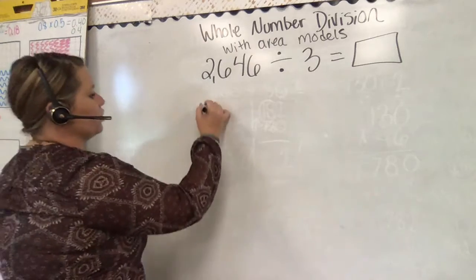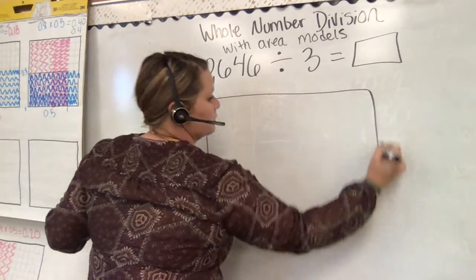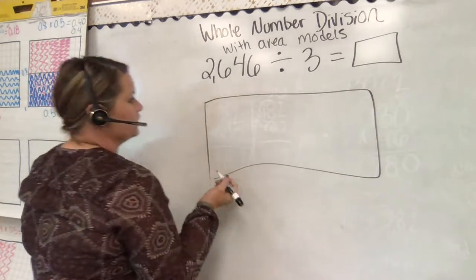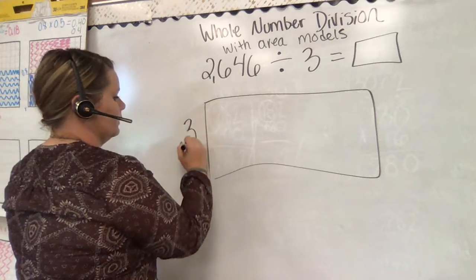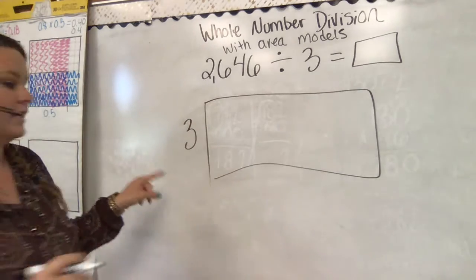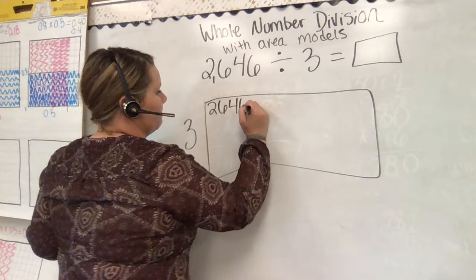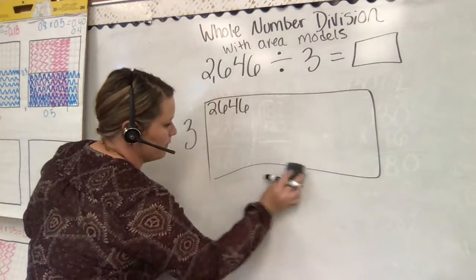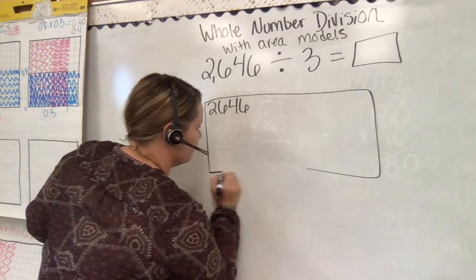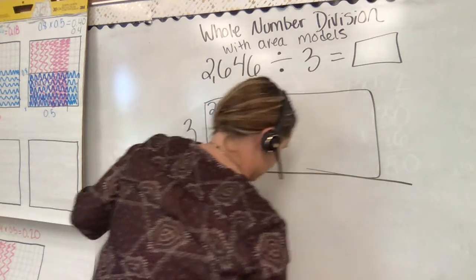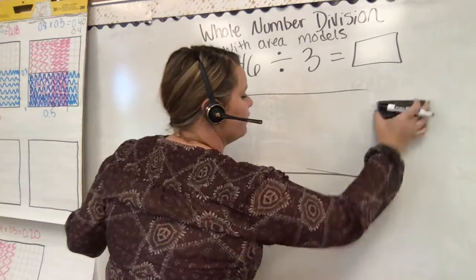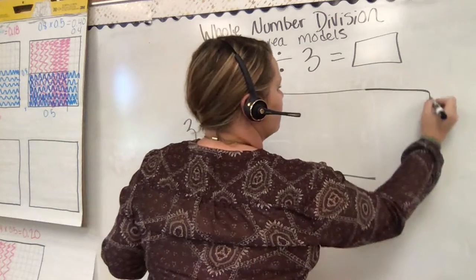So we're going to start by drawing our area model box and putting our divisor on the outside. We're going to put our dividend inside right here. Okay, I'm going to actually make this a little bit bigger to make sure that I have plenty of room to work. I don't want to run out of space, so I can keep everything nice and neat.